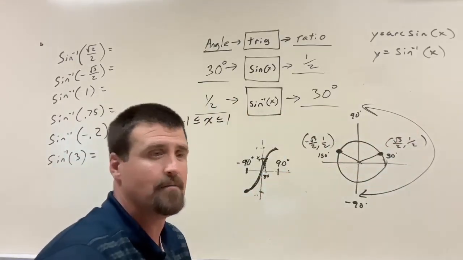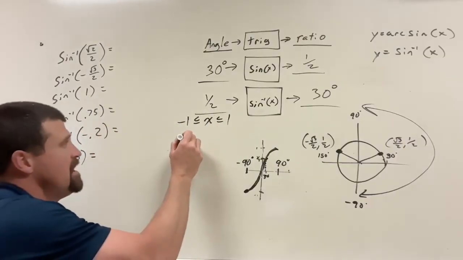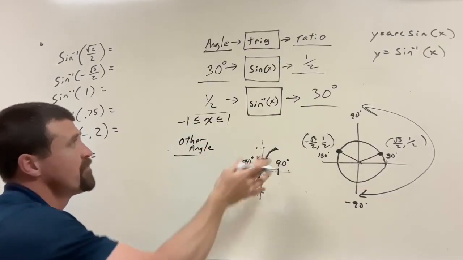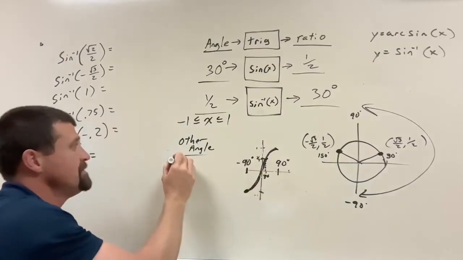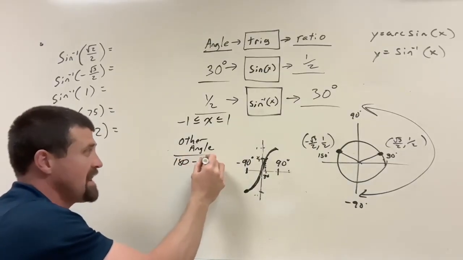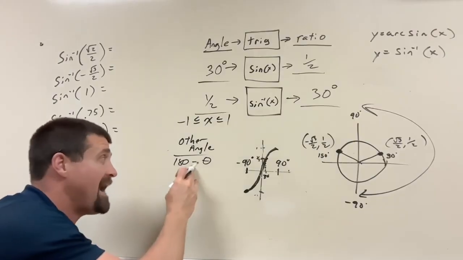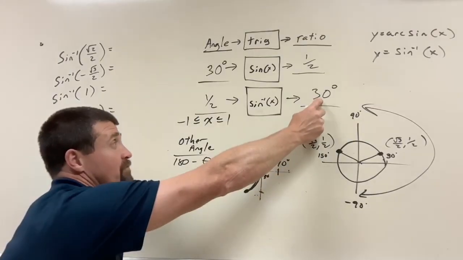Now, I like to teach my students a little formula here. I call it the other angle formula. For arcsine, to get the other angle in the unit circle, we can simply take 180 and subtract our angle. And of course, if you're in radians, this would be pi minus theta. So for instance, this angle's 30.